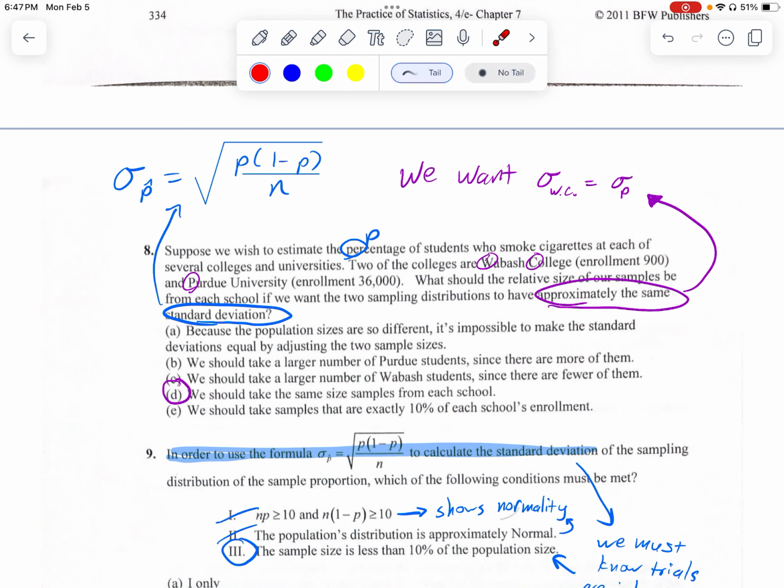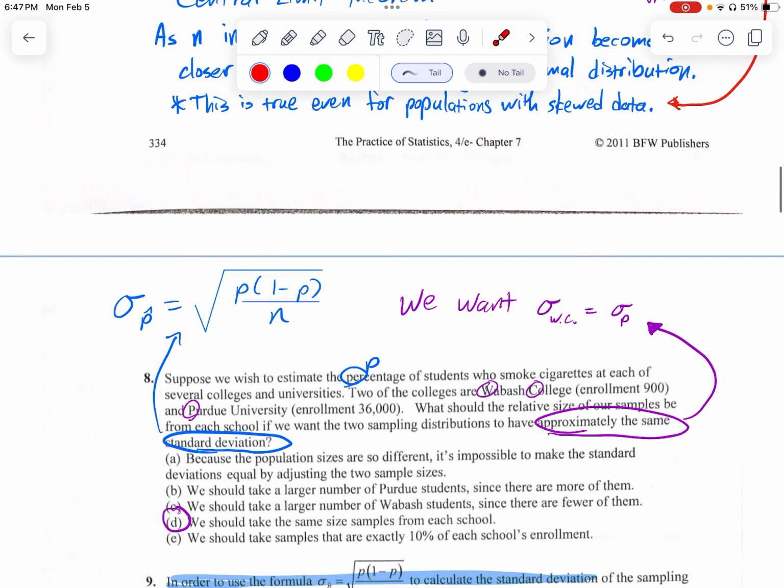They're trying to trick you because this school is so much smaller than this school. That doesn't matter. What matters is the sample size N. If they both have the same sample size, they will have the same standard deviation, okay? So this larger from Purdue or larger from Wabash is just not true, if that makes sense.